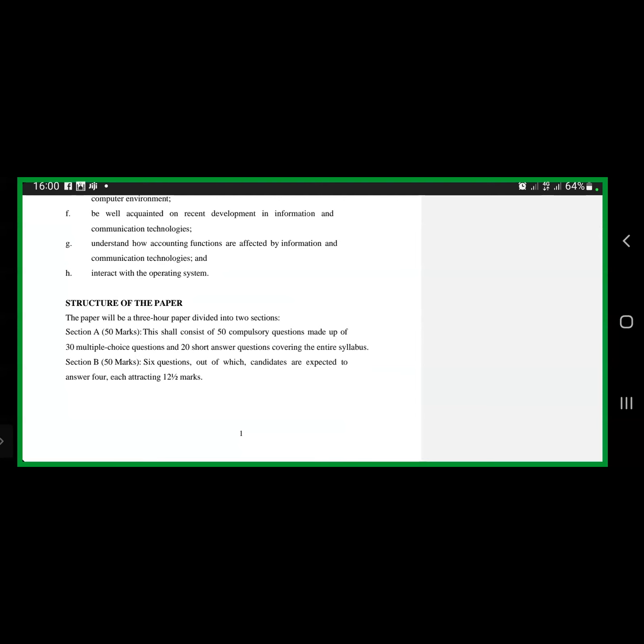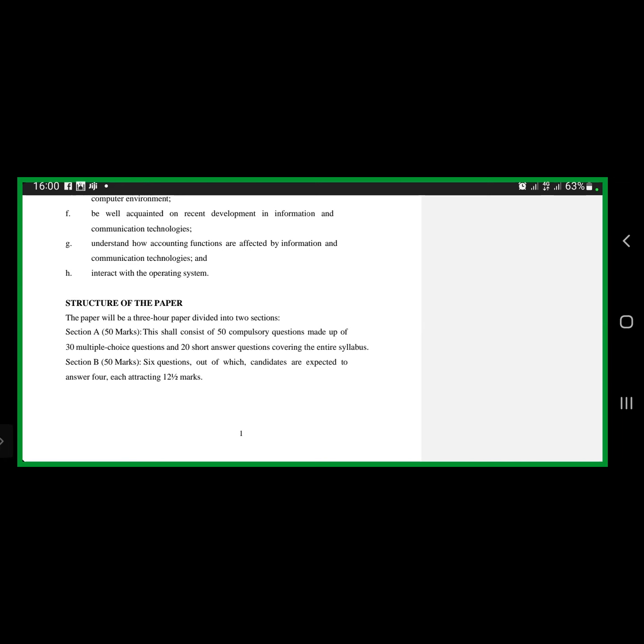So for me, you should be able to score at least 40. That's the least. If you cannot score 50-50, the least you should be able to score here is 50. And I will show you how you can score 50 here. It is very easy.